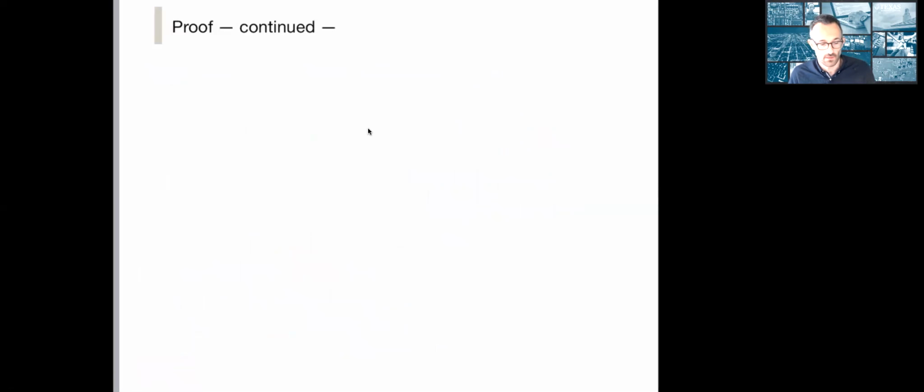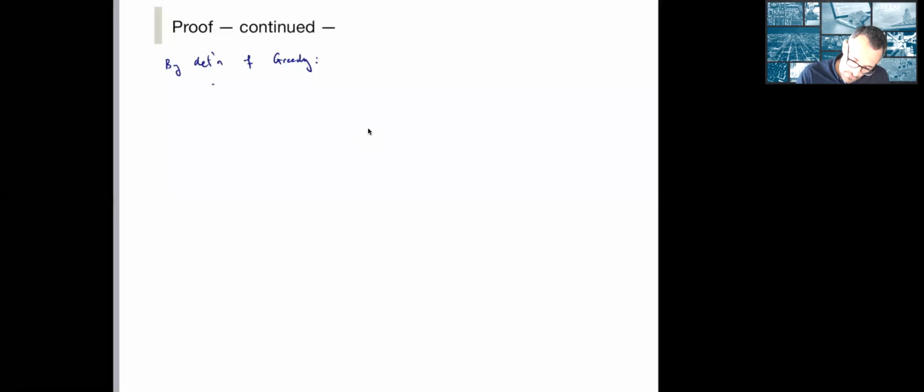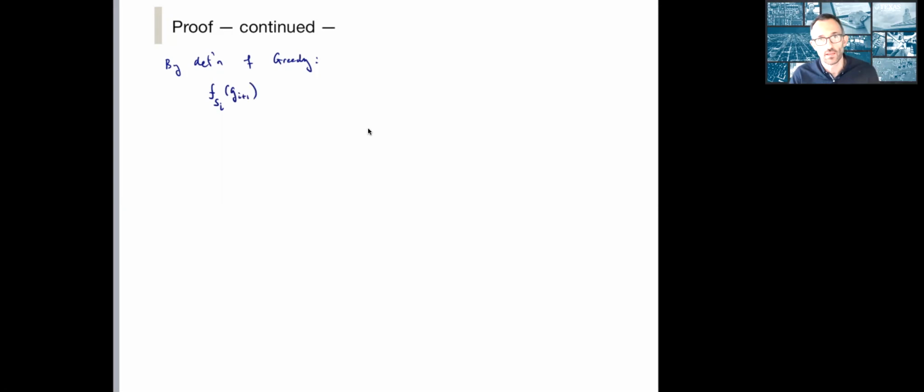Now let's see how we're gonna use this. So by the definition of how the greedy algorithm operates, what is the marginal value, with respect to the elements that greedy has already added by iteration i, of that next element that greedy added? Well, by definition of greedy, what does greedy do?